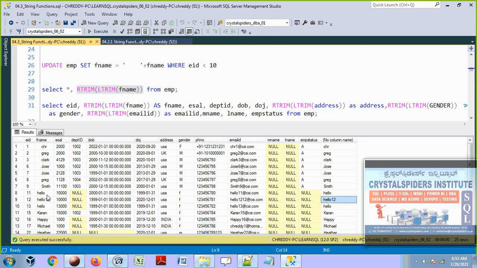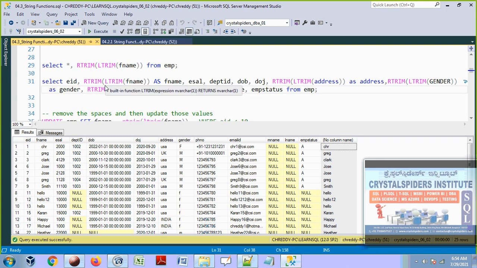Okay. You see that now for these values there is no space. Those values are displaying as they are by my LTRIM, RTRIM functions. This is what the output is coming out from, RTRIM and LTRIM. And in a similar way, guys, when I am displaying the data, wherever you feel that maybe in the names there may be space characters that I don't want, in the addresses, in the gender, and in the email ID, wherever you feel the email ID may have some spaces before and after and you don't want to show that, then use LTRIM, RTRIM while displaying the data.